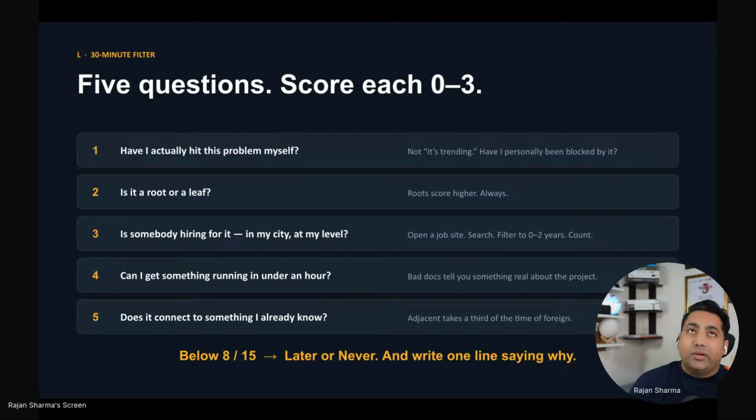So do one thing: in your city, or the area where you would like to get a job, go on the job portal, search the title, the term, the technology, whatever you are looking for, and create your following category like 0 to 2 years of experience, and look at the number of listings for that technology. That gives you the honest answer on whether that technology is going to be helpful to get a job or not.